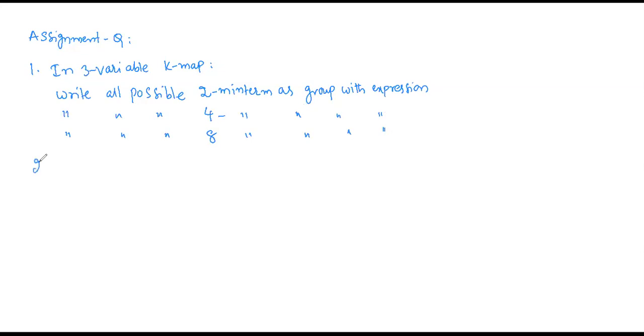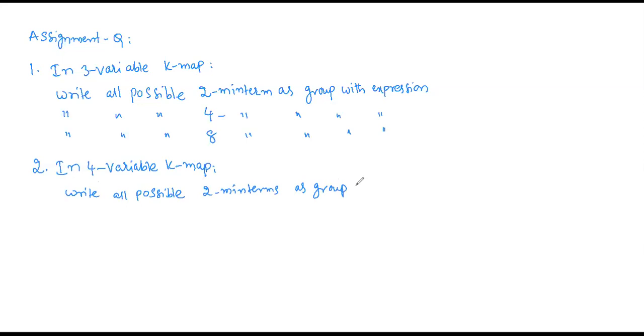Second question, repeat the same exercise for the 4 variable K-map. Write all possible two minterms as a group with expression.